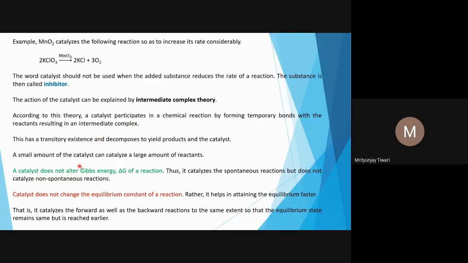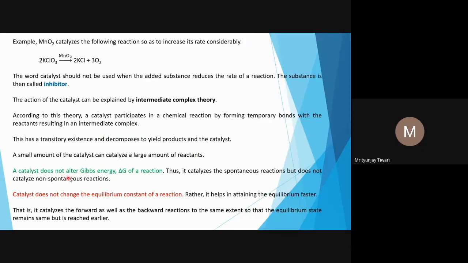So a small amount of catalyst can catalyze a large amount of reactants, because the catalyst, after this reaction, is liberated and freed. Now this free catalyst again catalyzes the next set of reactions, and so a very small amount of catalyst can catalyze a large amount of reactants.